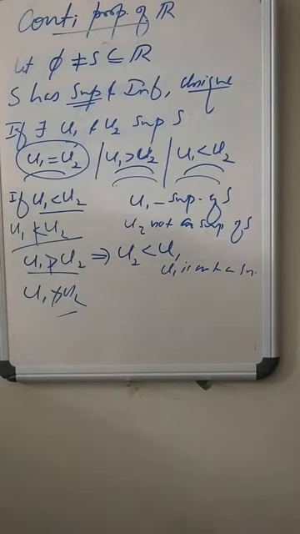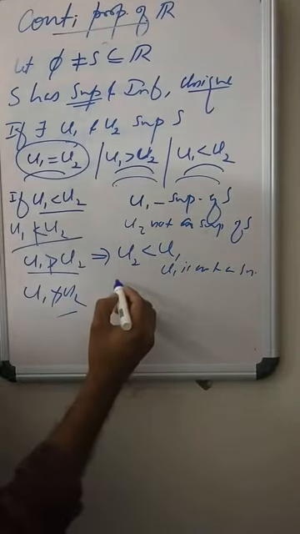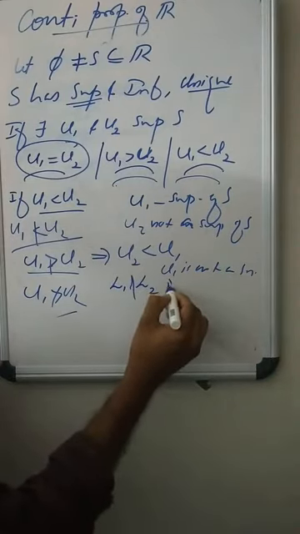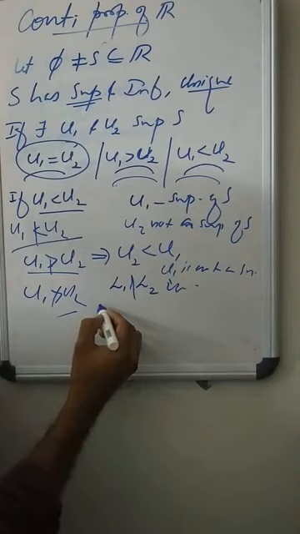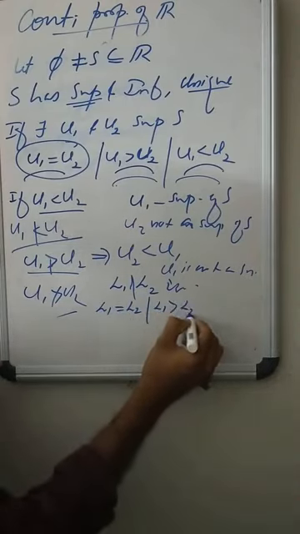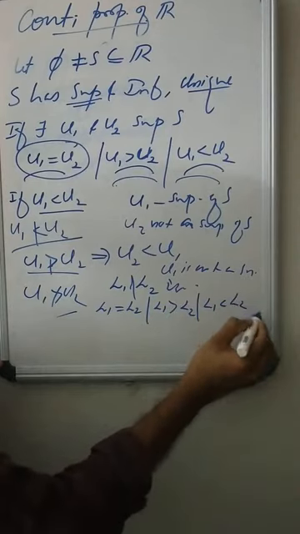By the same argument, you can show that the infimum is unique. If possible, let L1 and L2 be infima of S. Then by the trichotomy property, either L1 equals L2, or L1 is greater than L2, or L1 is less than L2.